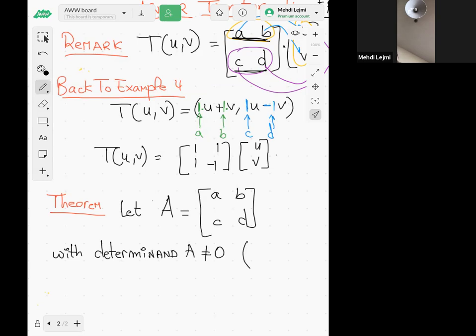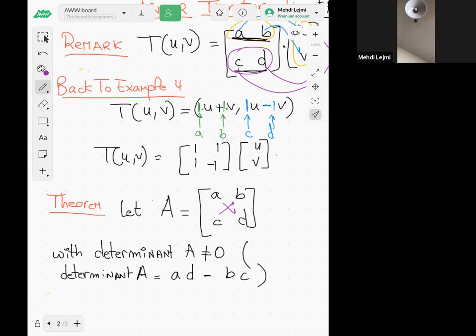The determinant of A is equal to A times D minus B times C. Okay, that's what I mean by the determinant of the matrix A. It's like cross multiplying here, right? AD minus BC. Okay, that's what I call the determinant of A.